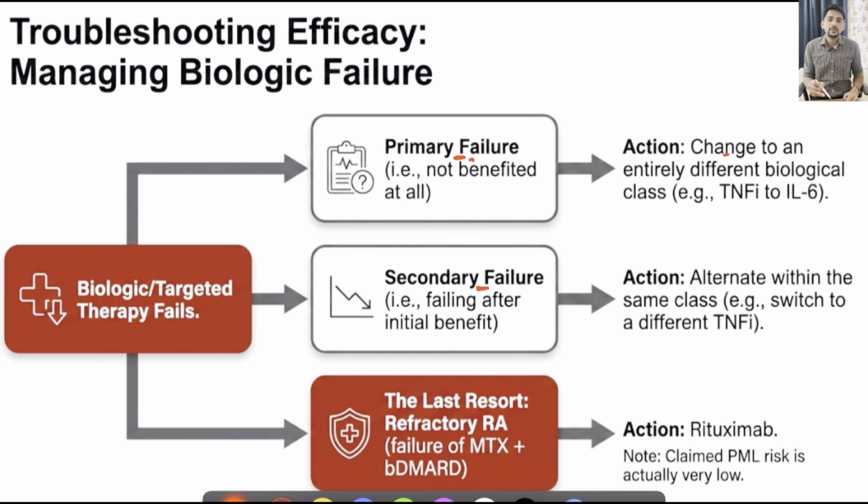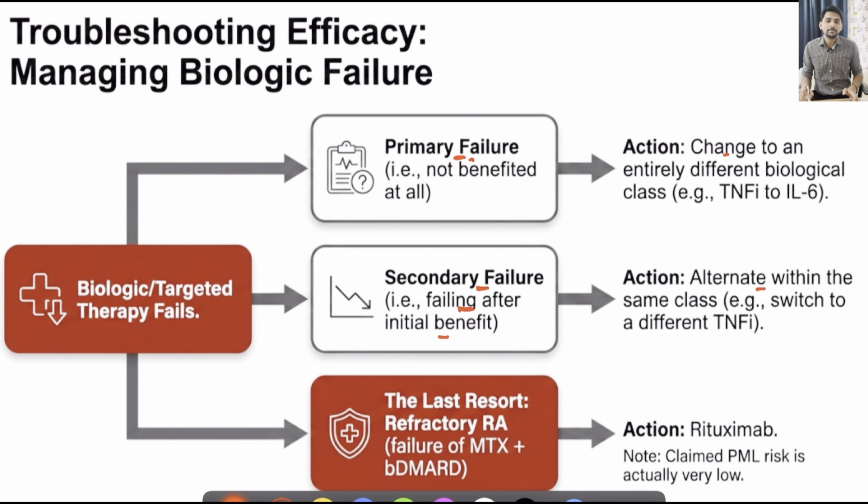Whereas in secondary failure, the individual is benefited initially, but now there is no adequate response. So this is failing after initial benefit. In that case, we can choose some other drug from the same class. For example, you have started with adalimumab, you have seen the response, but after some time the response has stopped. So in that case, from the TNF alpha inhibitors group only, you can choose the other medications like golimumab or infliximab.